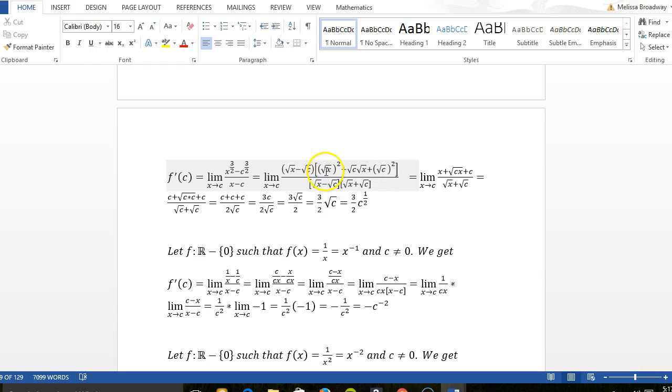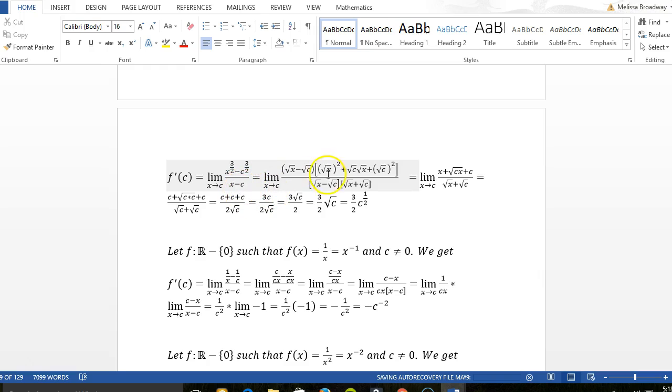Okay, so p is the square root of x in and of itself. q is the square root of c in and of itself. So this is p cubed, this is q cubed. So p minus q, p squared here, q times p here, q squared here. Okay, q is the square root of c, p is the square root of x. There we go. Whew. Now on the bottom, we do that sleight of hand again.